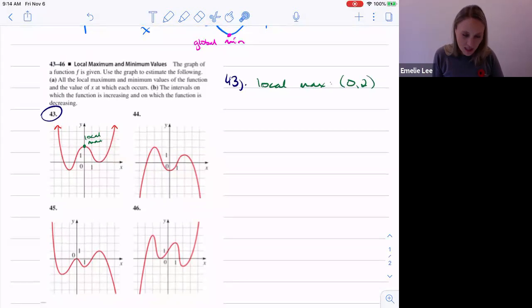So it looks like things are going up, and this minimum seems to be an overall minimum for this whole thing, making it a global minimum. We could call them local minimums too. There's no harm in that, because neither of these are endpoints. So this is a minimum, and this is a minimum. I'm going to call this a global minimum and this a local minimum.